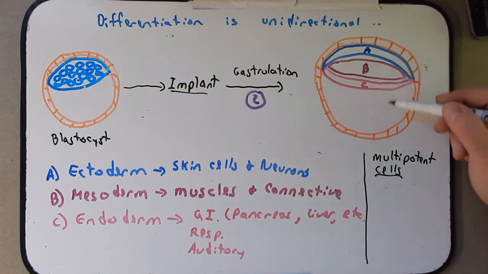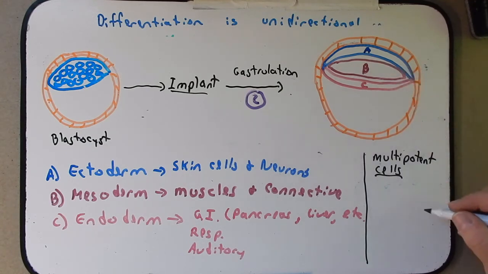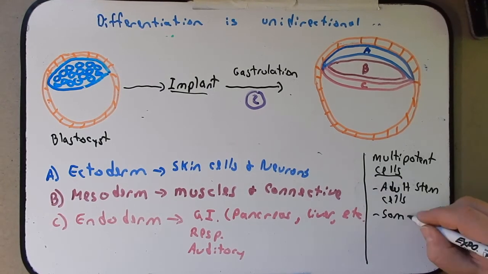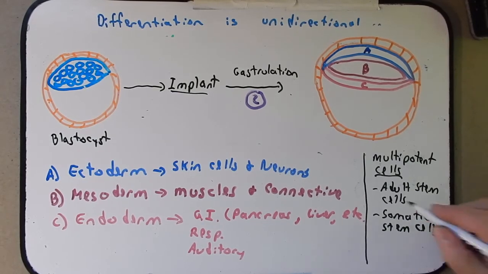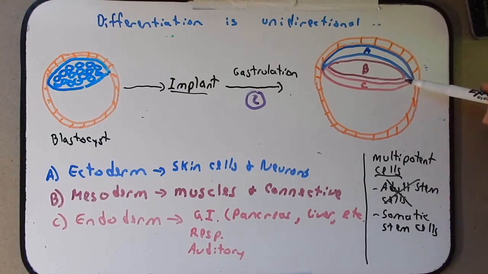So even at this very early stage of embryonic development, we no longer have embryonic stem cells. These are multipotent stem cells, which we also call adult stem cells or somatic stem cells. I really dislike the term adult stem cells because it implies that they're only found in adults.